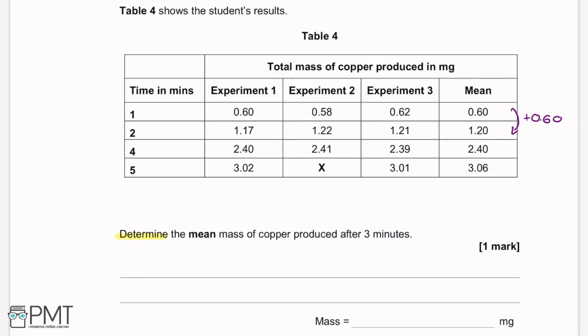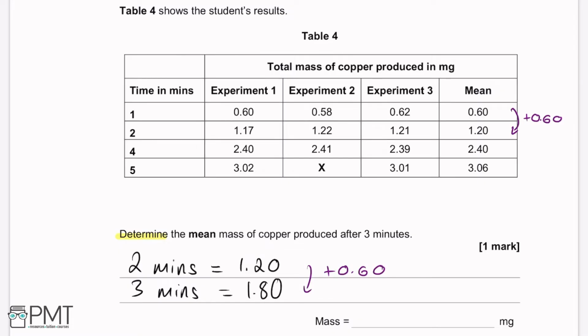So if we're saying that at 2 minutes, it's 1.2, right? We could say that at 3 minutes, let's follow that same pattern. So let's add 0.6, and that will give us 1.8 milligrams. Right, that looks about right.